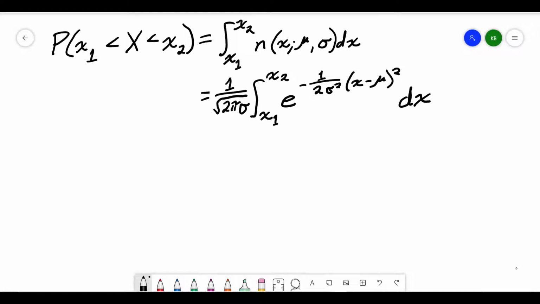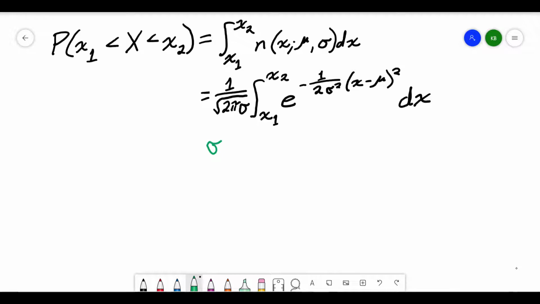You'll notice my variable x is actually nested twice within functions, so it's really not a fun integral to take.